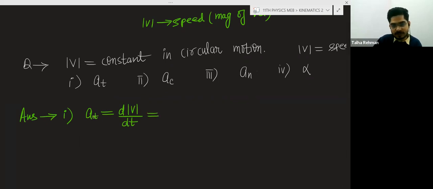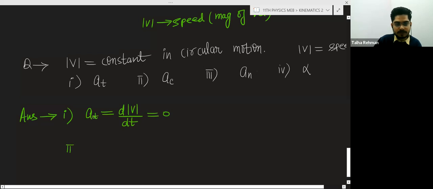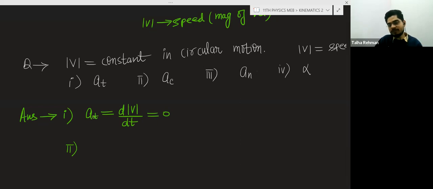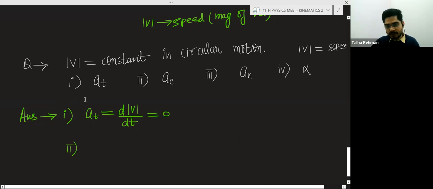Otherwise, this is equal to 0. Second part: when you differentiate dv by dt, v is constant, and differentiation of a constant term is equal to 0. In another way you can say that if speed is constant in a circular motion, then there will be no tangential acceleration. Tangential acceleration is due to change in the speed only.